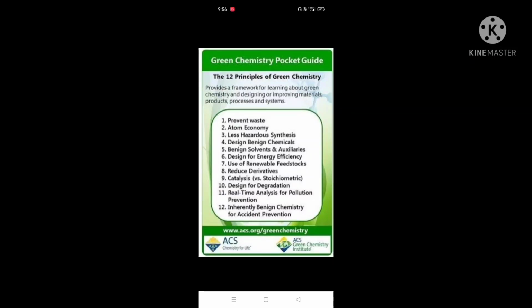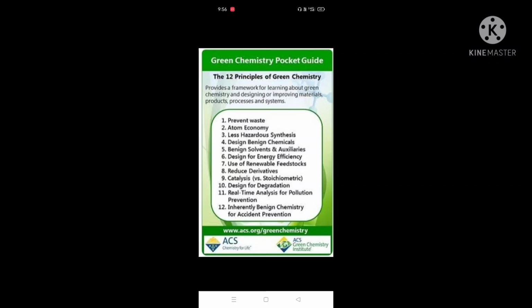So this is atom economy. The next is less hazardous synthesis. That means the products or byproducts we get may be non-hazardous or less hazardous. So that is one of the principles of green chemistry.